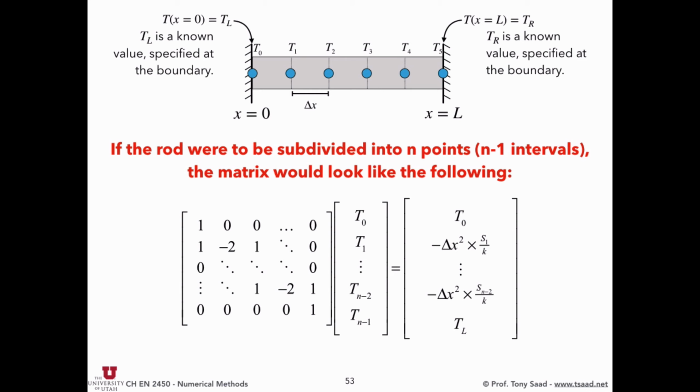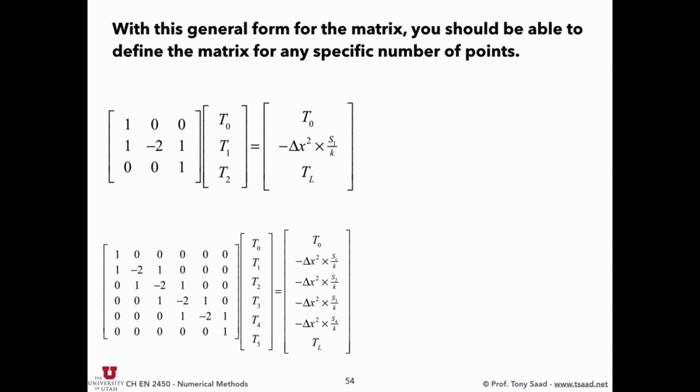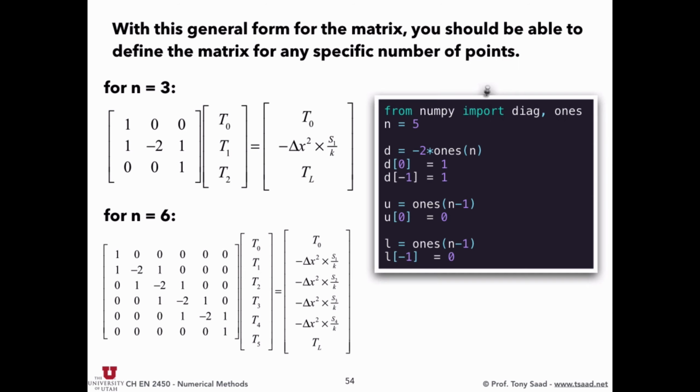The first equation is 1 t0 equal t left, and the last equation is 1 tn minus 1 equal t right. Everything in between is just 1s, minus 2s, and then 1s. It doesn't matter how many points you put. So with this general form, you should be able to do it for n equal 3, for n equal 6, for whatever n you want.